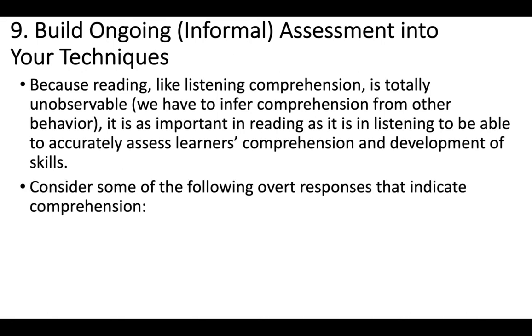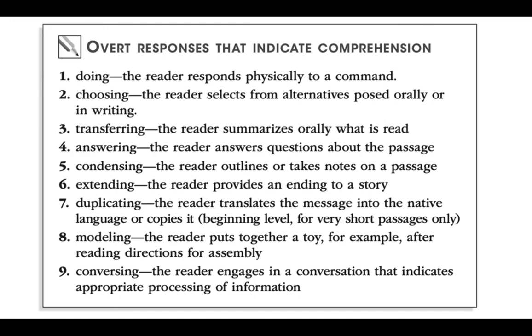So consider the following overt responses, because you cannot go into the learner's mind and see if they're really reading. There are other behaviors that you can focus on that can indicate their understanding. Here we have nine of them. First, doing: the reader responds physically to a command that is given in a reading.